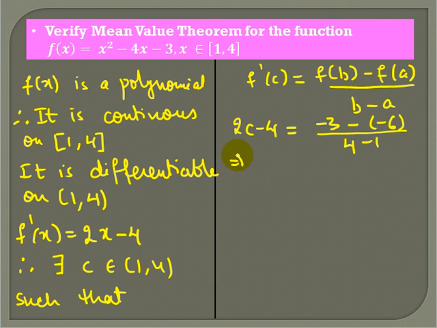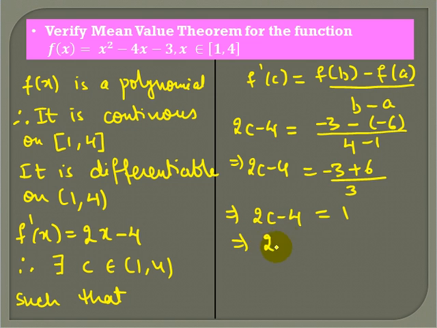Let us simplify it. 2c minus 4 is equal to (minus 3 plus 6) over 3. So you will find right hand side reduces to 1, 3 over 3, which is 1, which can be further simplified. Twice of c is 5, which means c is equal to 5 by 2. So you can see 5 by 2 belongs to the given interval, that is open interval 1 to 4. So we have verified mean value theorem is applicable here.